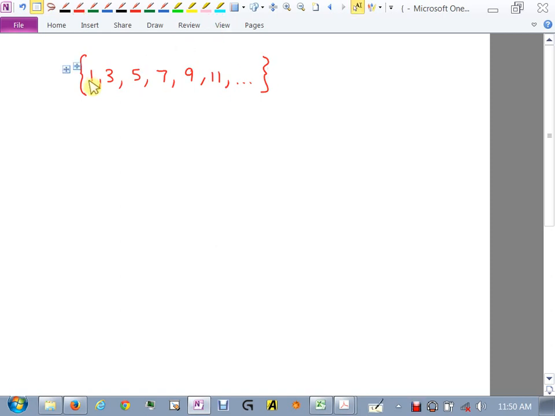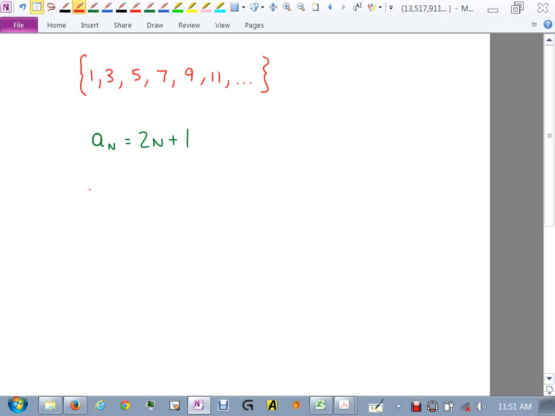In fact, isn't 1 just 1 more than 0 was? And isn't 3 just 1 more than 2 was? And isn't 5 just 1 more than 4 was? 2n plus 1 will create this sequence, right? So a sub n is 2n plus 1. Y'all see it? That creates odds, starting at 1.